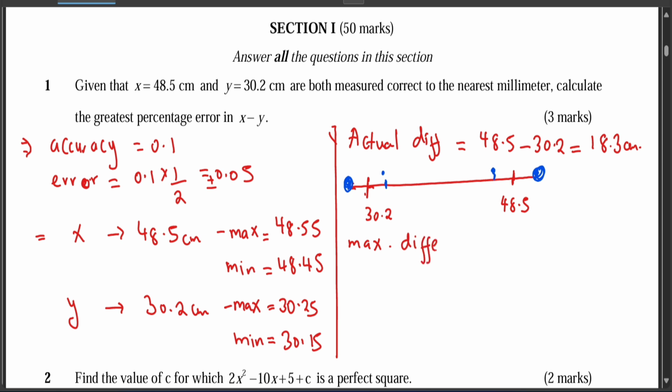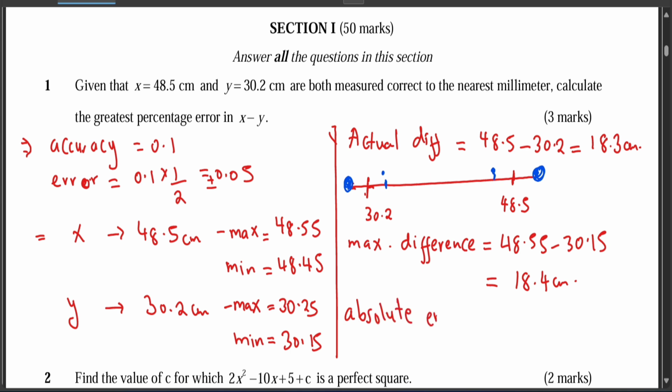So what is our maximum difference? It is the maximum of x, which is 48.55, minus the minimum of y, which is 30.15, and your answer should give you around 18.4. Okay, that's the maximum difference. Now we need to find what our absolute error is.